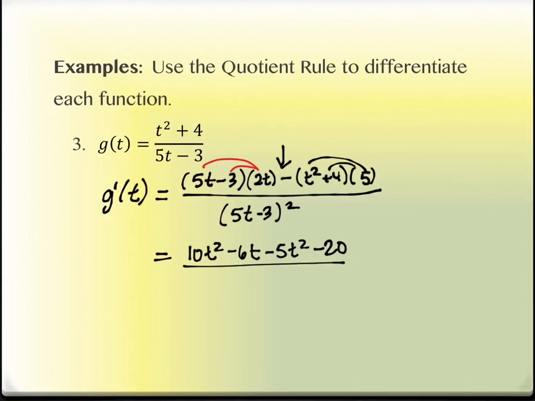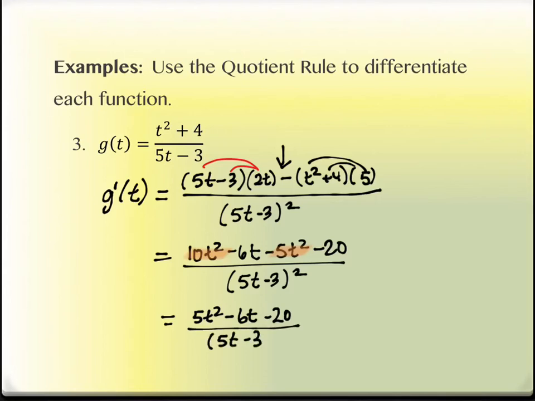And my denominator is the same. Okay. Anything else I can clean up in the numerator? Yes. So I have 10t squared and negative 5t squared, so that's 5t squared. The other pieces, they don't work though, right? This is all over 5t minus 3 squared.